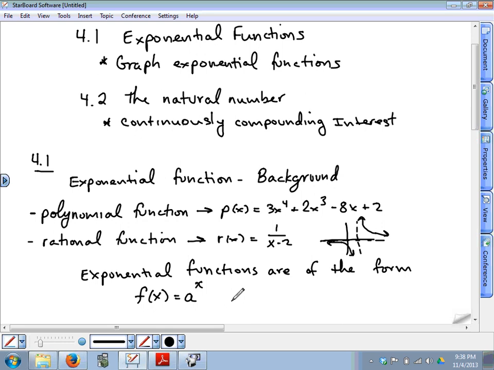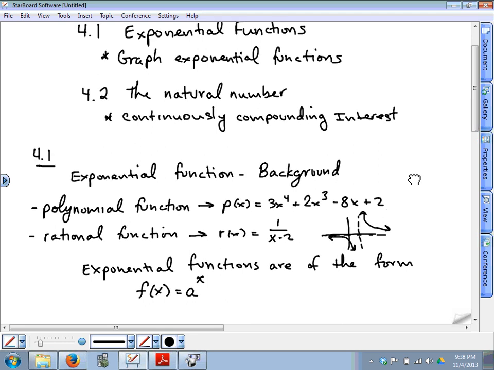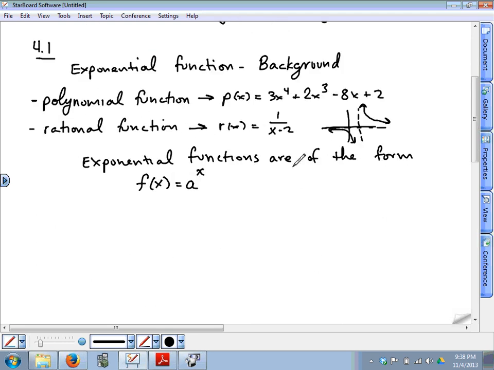So there are two types of exponential functions that we'll see, and it'll become more clear when we start graphing these. But the two types, one of them is exponential growth, if your base A is larger than 1.